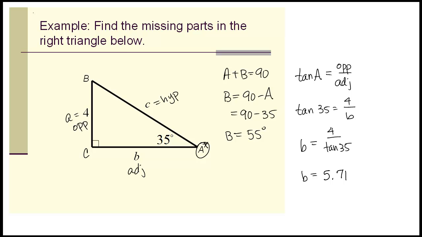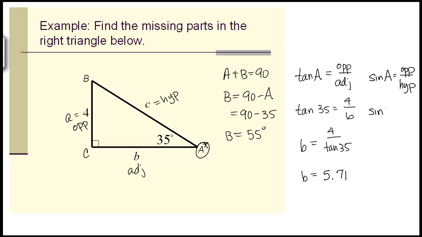So let's go back to angle A. With respect to angle A, we know that side A is the opposite, and we know that side C is the hypotenuse. So what trig function uses opposite and hypotenuse? That would be sine. So plug in what you know.